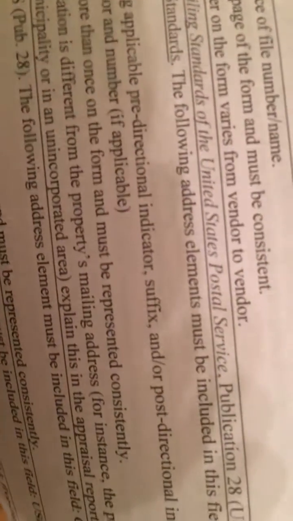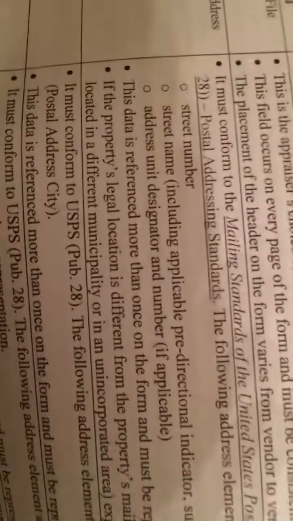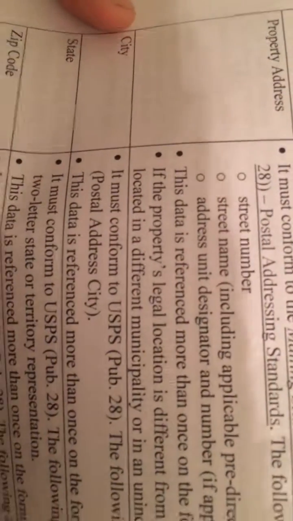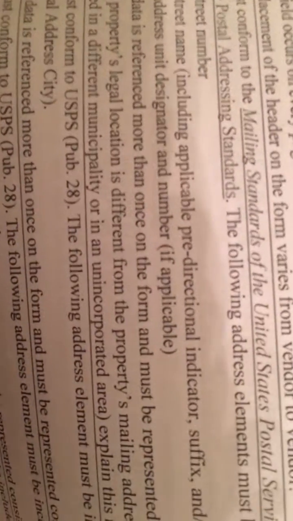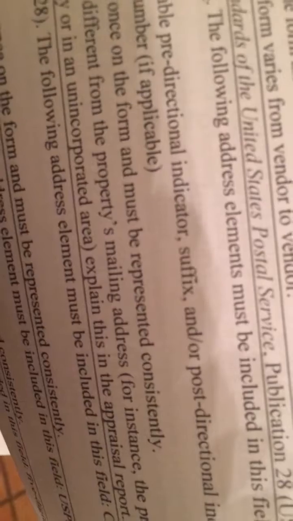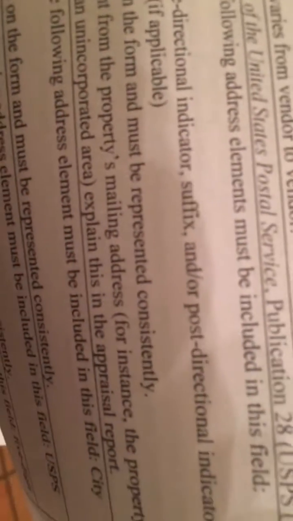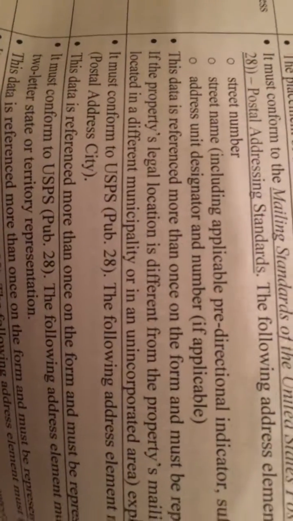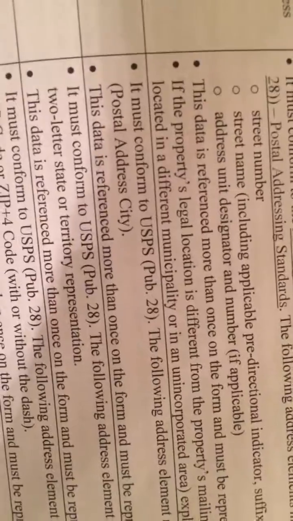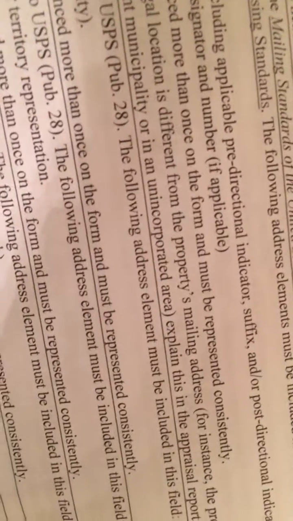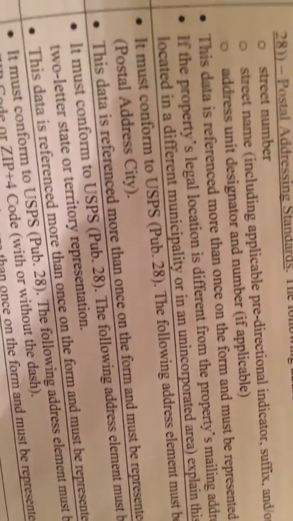The following address elements must be included in this field: street number, street name, including applicable pre-directional indicator, suffix, and/or post-directional indicator, address unit designator and number if applicable. This data is referenced more than once on the form and must be represented consistently.